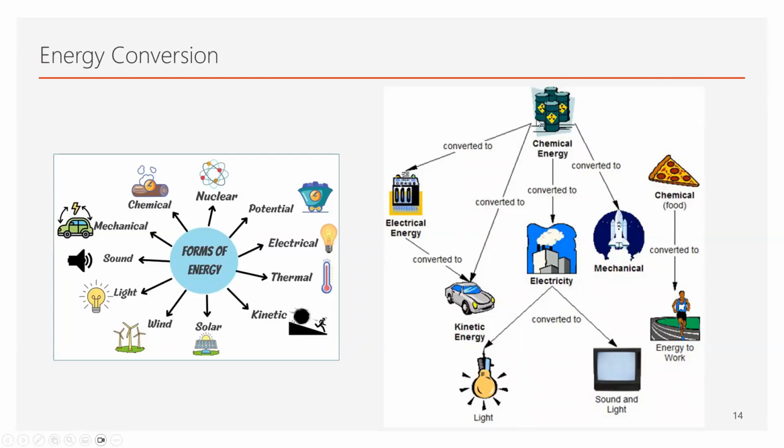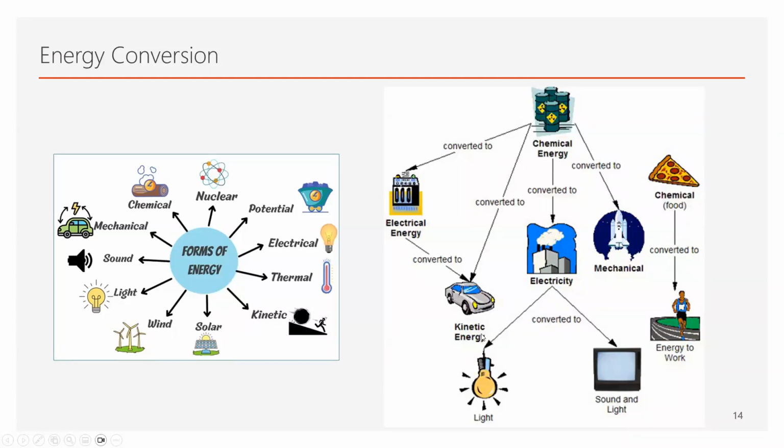From chemical energy, we can convert to electrical energy via a battery or diesel generator. Or we can use it to run a normal car. With a hybrid car, we need chemical energy and also electrical energy.